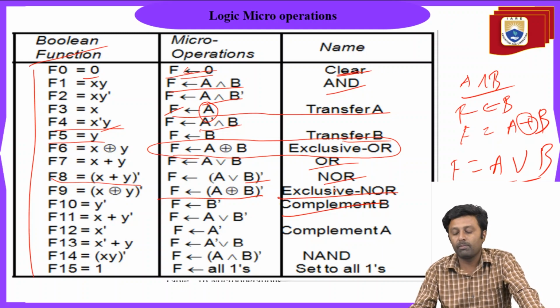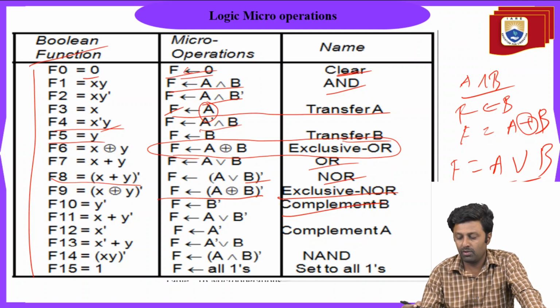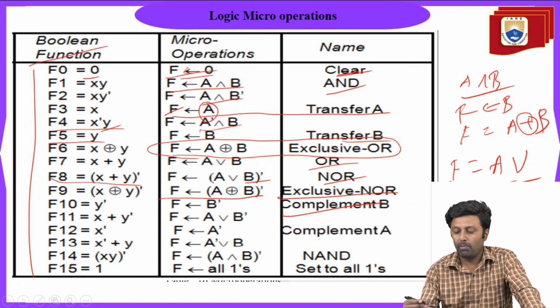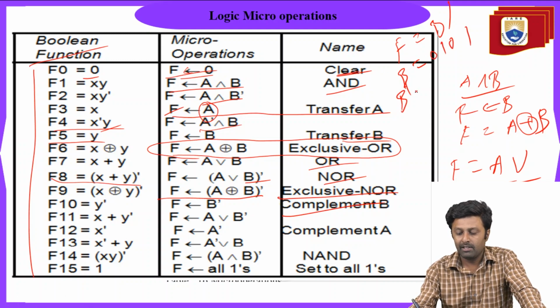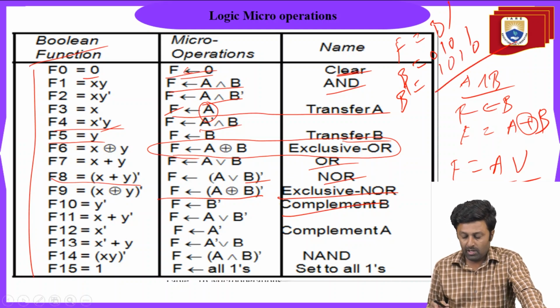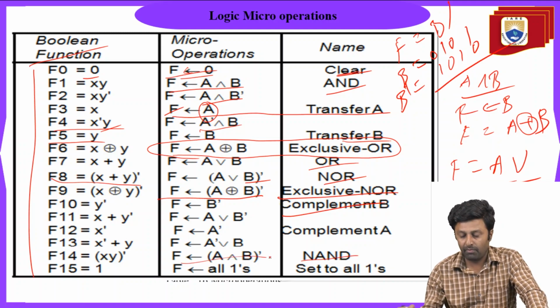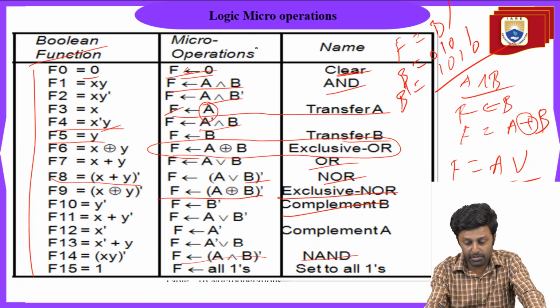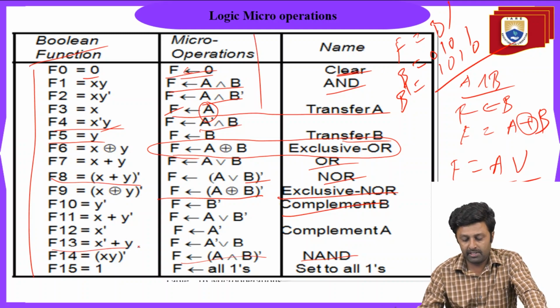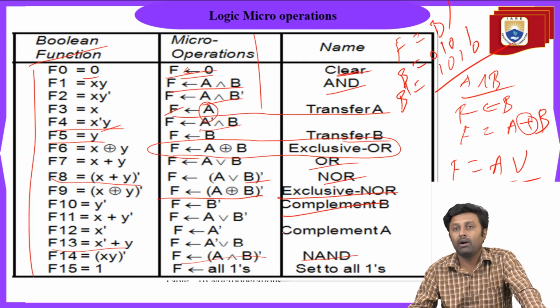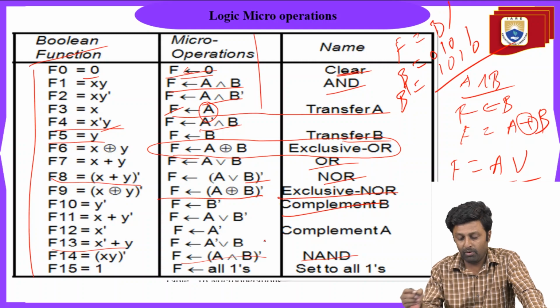So this will do the complement of B. Complement operation means, if you write F is equal to B dash, and the B value is 0, 1, 0, 1, then B dash means the value will be 1, 0, 1, 0. And this is the symbol for the NAND mnemonic micro operation, that is A and B whole bar.